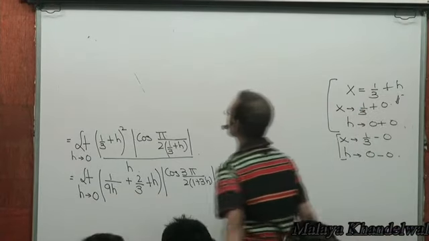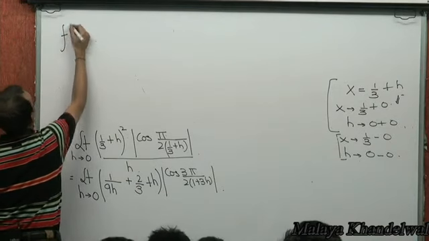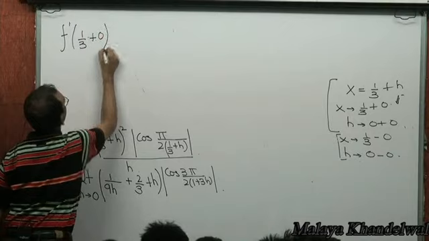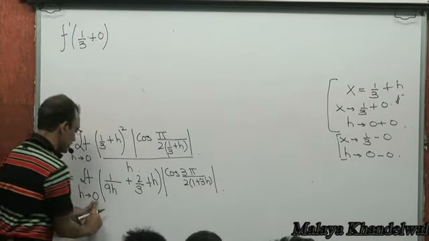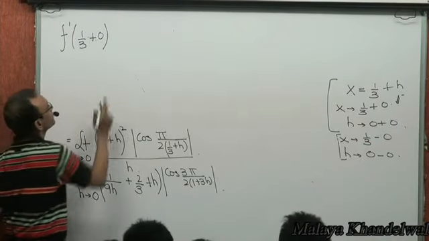Okay. So f dashed 1/3 plus 0, which is the right hand derivative at x equal to 1/3, would be obtained by h tending to 0 from the greater than 0 side.